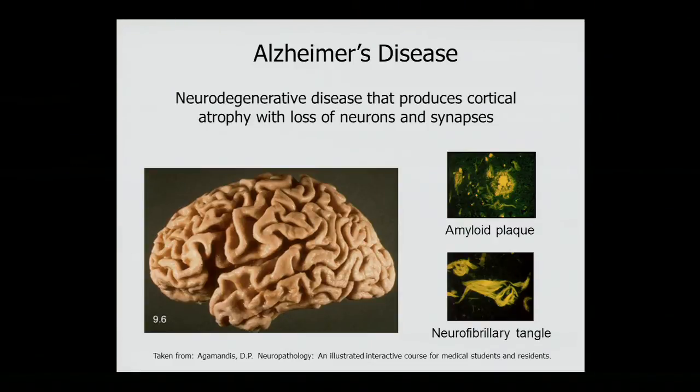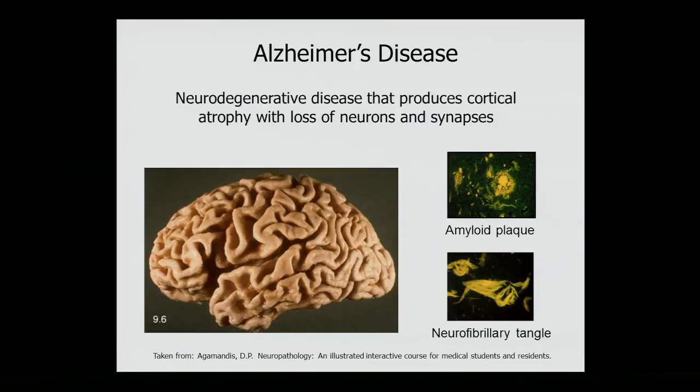The disorders I'm going to talk about are two neurodegenerative diseases, Alzheimer's disease and dementia with Lewy bodies. Many of you are probably familiar with Alzheimer's disease. It's a neurodegenerative disease that produces atrophy and loss of neurons, loss of synapses in the cortex and in the medial temporal lobe structures, including the hippocampus and entorhinal cortex that Dr. Leutgeb just talked about.